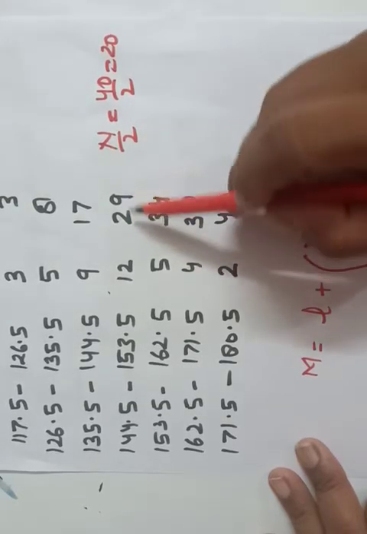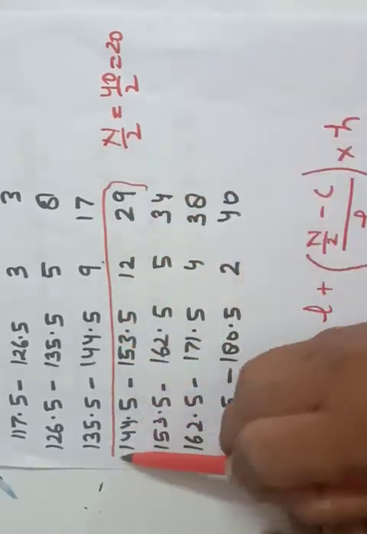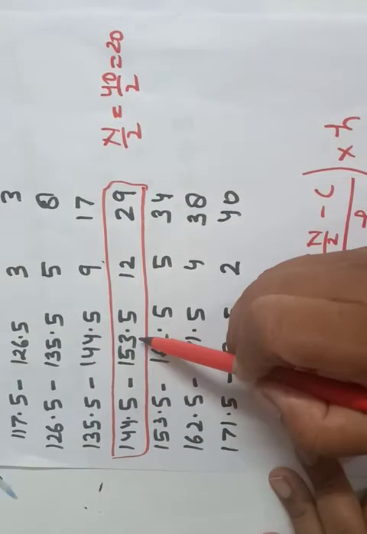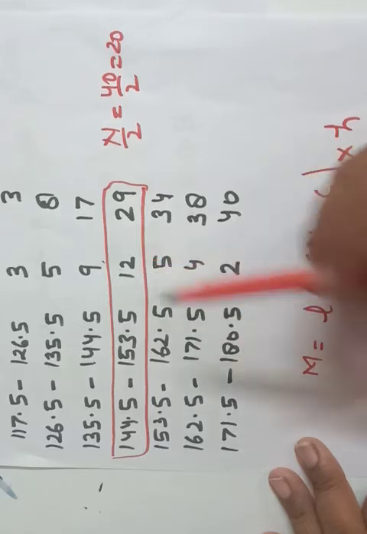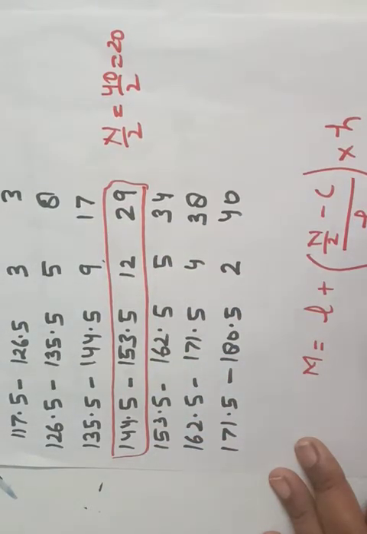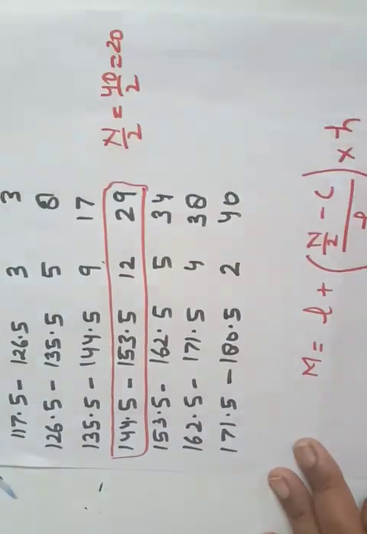So this is 29, and this is the row that is required. This is the median class, and this is the frequency that will be required for our formula. So we have got the median class, and now we have to simply put the values in the formula.